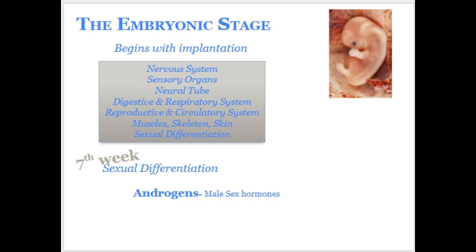Basically what that means is that based upon that X or that Y chromosome that sperm passes down, there will be the presence of androgens, which are male sex hormones, which will then guide the formation of a male reproductive system and organs. Or if the Y chromosome is not there and the X chromosome is there, the embryo will develop into a female and develop female reproductive organs and a female reproductive system.